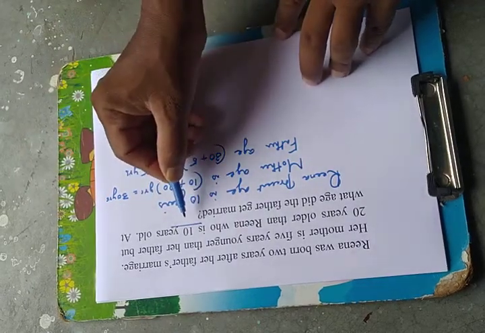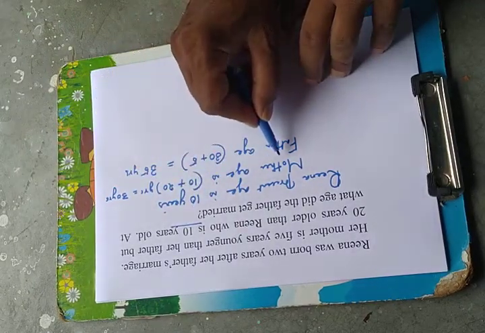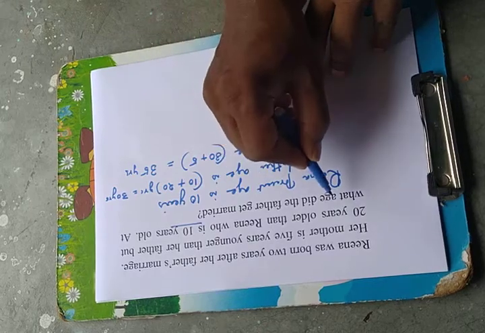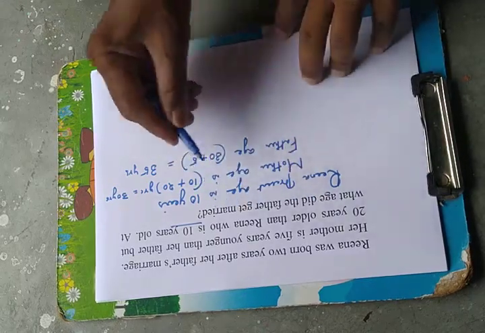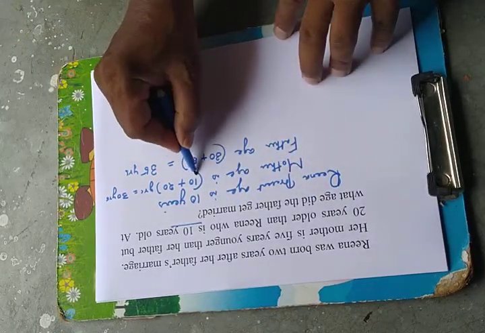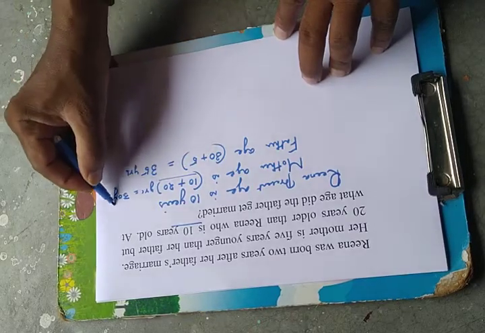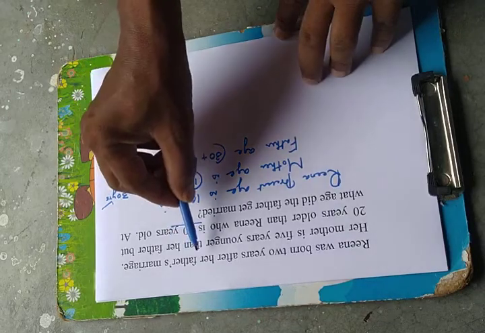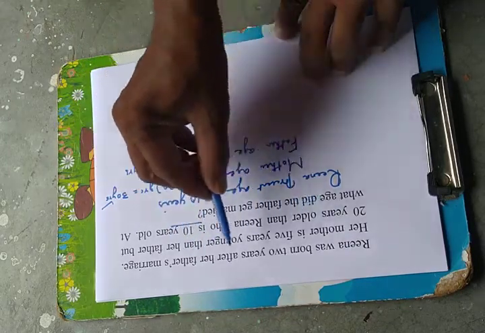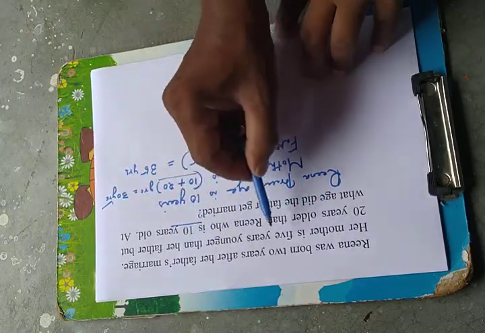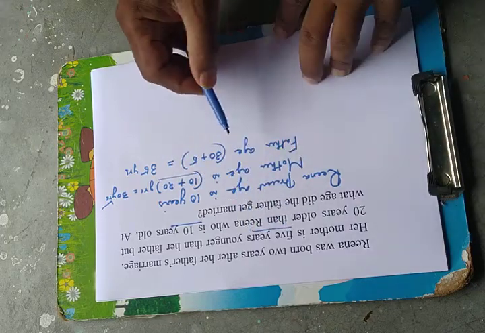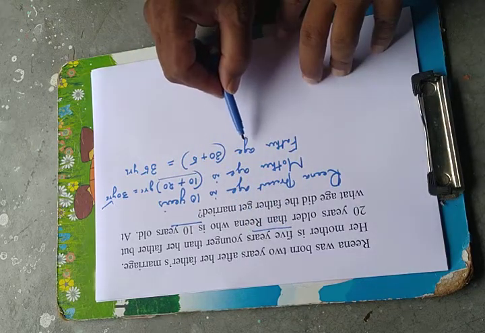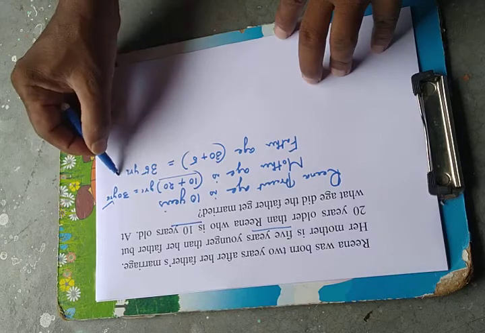By using this, first we identify the mother's age. Mother is 20 years older than Reena. That's why we add 10 plus 20, and we get the mother's age, 30 years. Again we are comparing one more thing, her father's age with the mother's age. The comparison says very clearly her mother is 5 years younger. That's the reason our father's age will be 30 plus 5, 35 years.